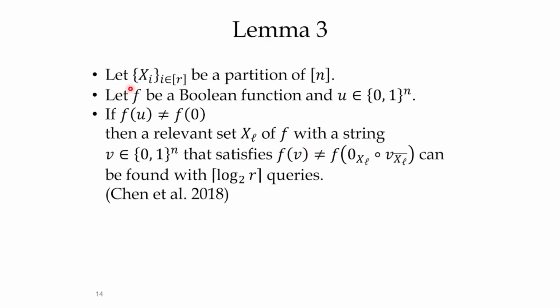Lemma 3. Let X_i, where i belongs to [r], be a partition of [n]. Let f be a Boolean function and u is a Boolean vector with the length n.